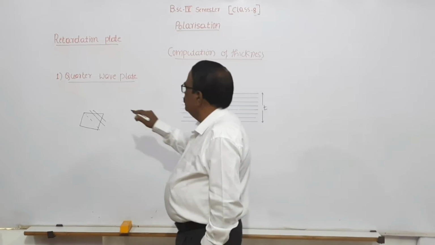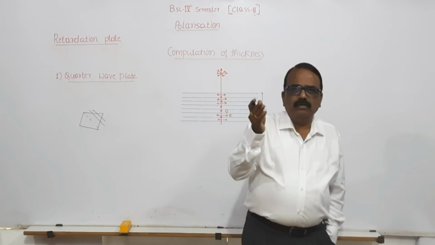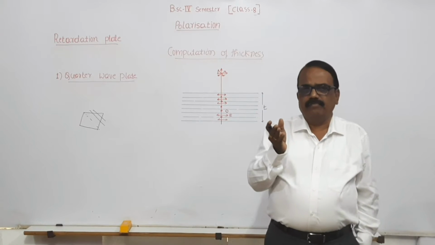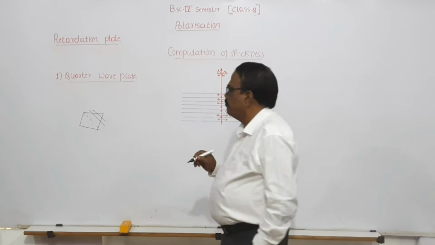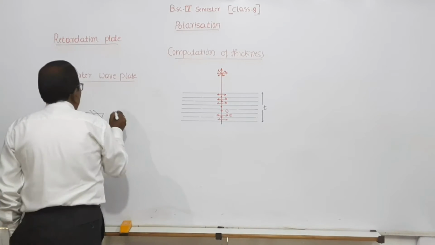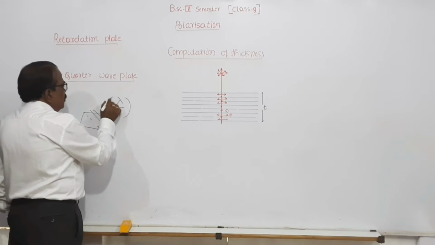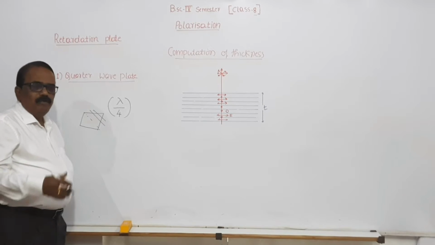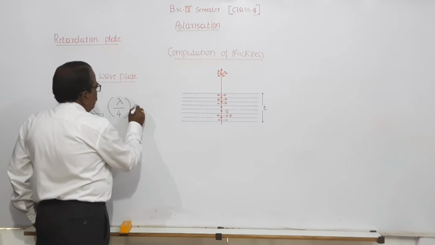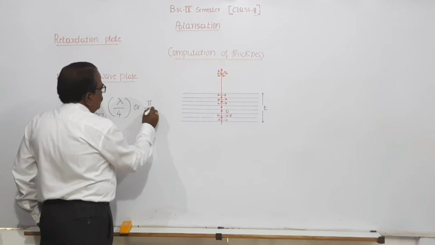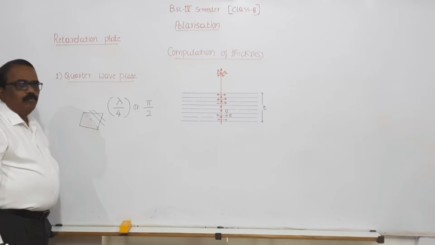And what is a quarter wave plate? If the doubly refracting plate is cut such that its thickness produces a path difference between the ordinary ray and extraordinary ray equal to lambda by 4, or a phase difference of pi by 2, it is called a quarter wave plate.